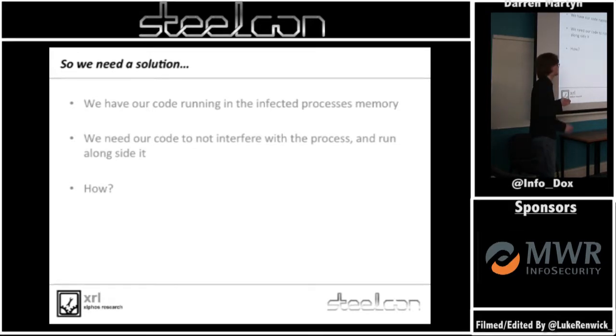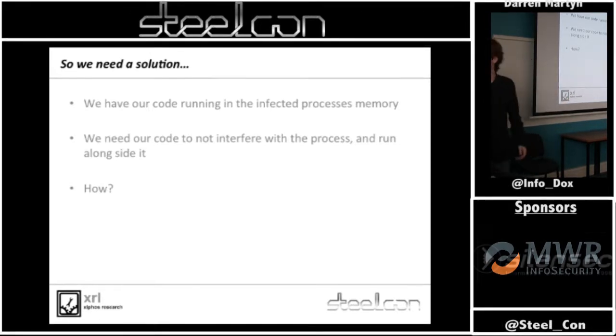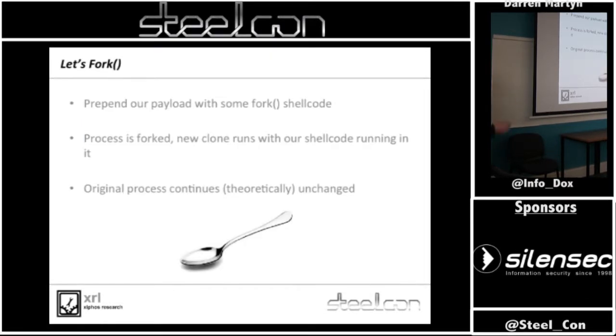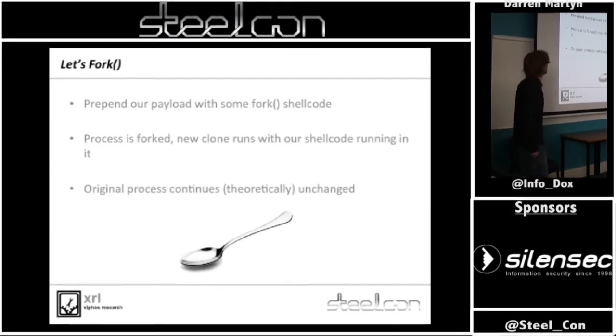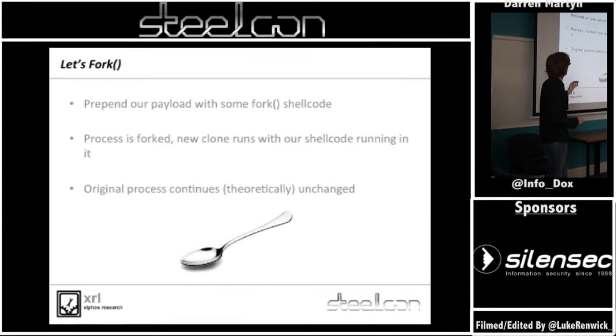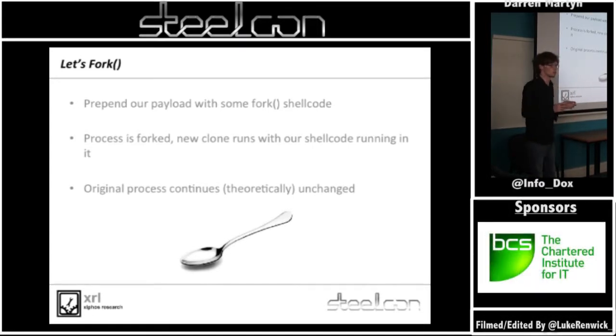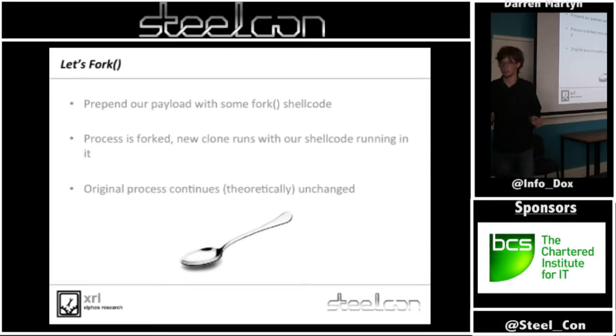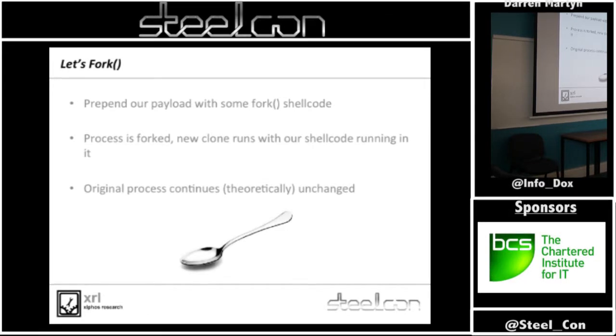So how do we do this? Well, we level up a bit, we swear at the computer a few dozen times, and then we think, how about we just fork it? So we prepend our payload with some fork shellcode. Process forked, new clone runs, and the original process we hope to God runs unchanged. Maybe. Sometimes we hope it works.